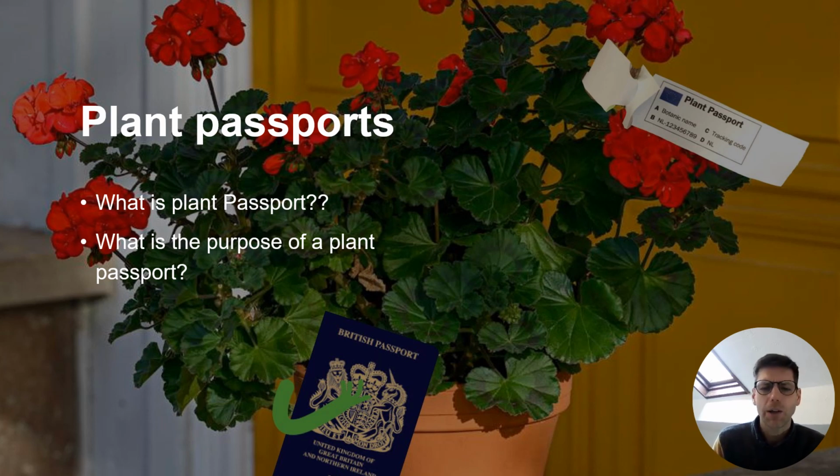So plant passports ensure that plants and plant products are traced through the supply chain, and they declare compliance with plant health requirements, such as being free from pests and diseases, which is essential for maintaining biosecurity.